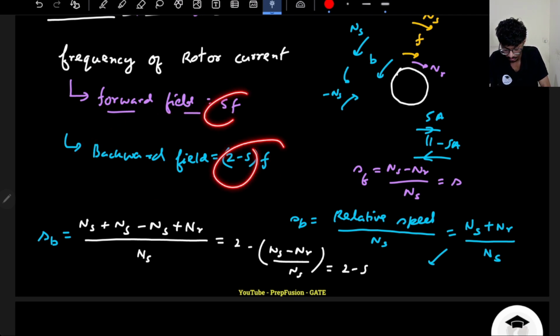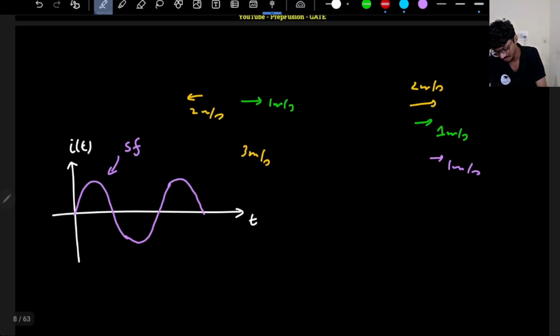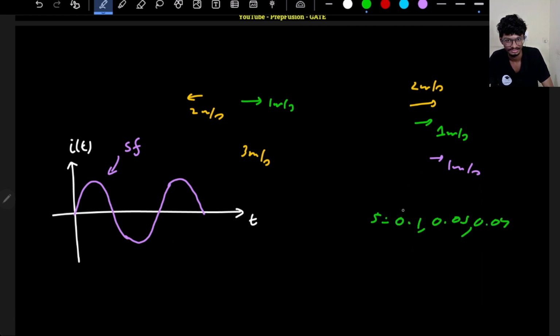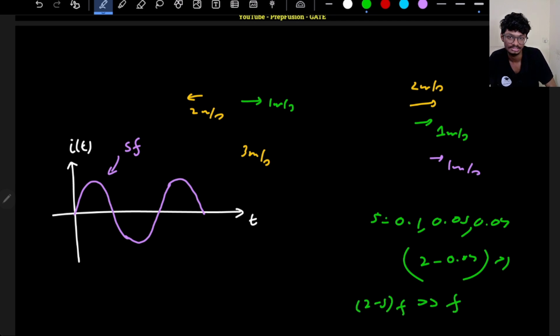Is it greater or less than this? At full load, slip is generally like 0.1, 0.05 or 0.04. So 2 minus 0.04 is greater than 1, so the frequency is much higher than the normal frequency.